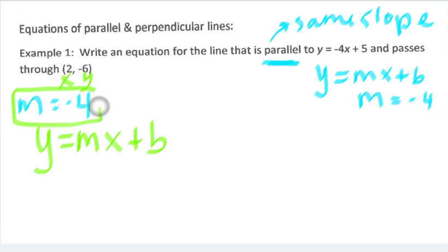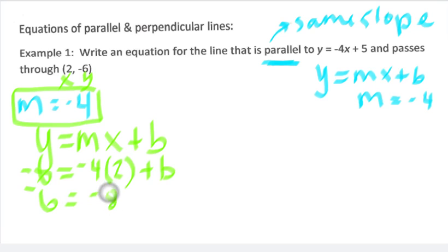I'm just going to circle this because I'm going to need that at the end. We're going to use the slope and this point and figure out what our b is. So we're going to have -6 equals -4 times x, which is 2, plus b. So we have -6 equals -8 plus b.